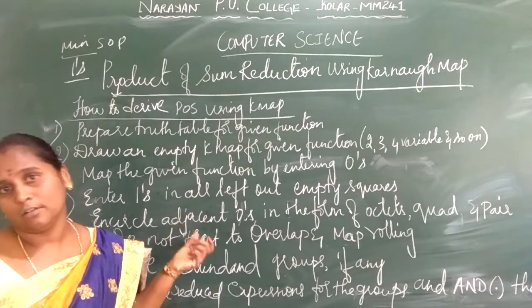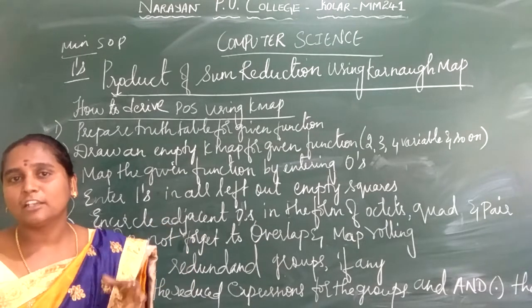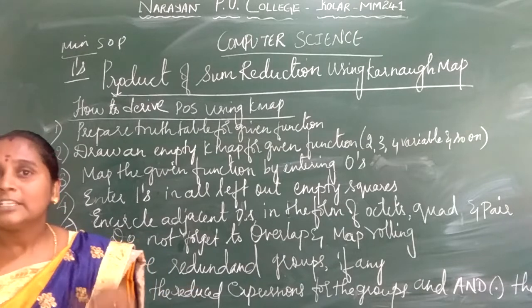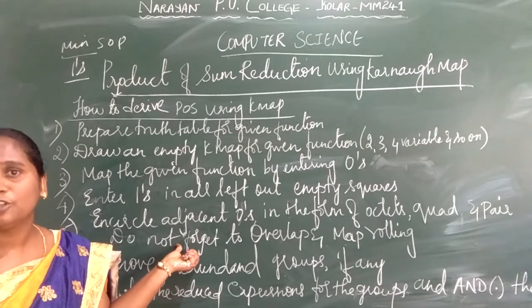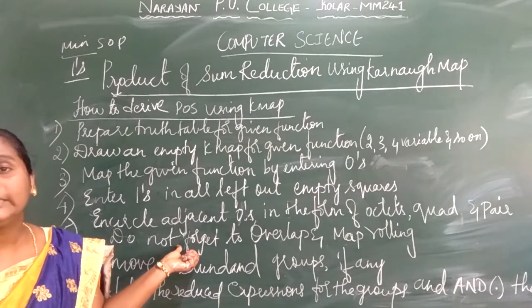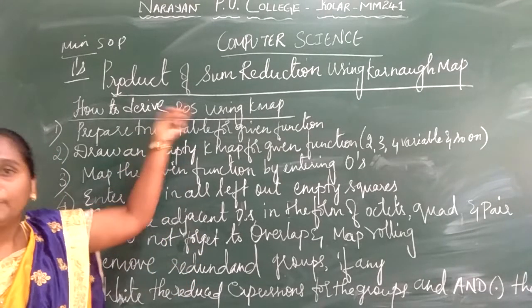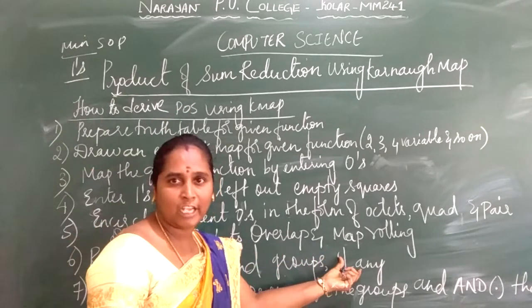We also learned what redundant groups are. A redundant group is a group whose ones can all be used by other groups. Such a group we call a redundant group. These three things we have already studied in your min term using SOP. Same thing you are going to apply for POS. So remove redundant groups if you find any in your K-map.